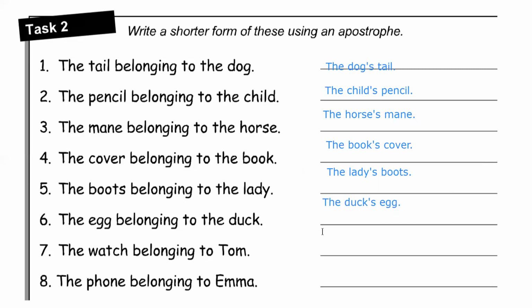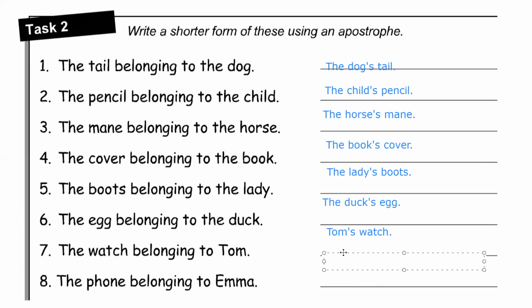Number 7, the watch belonging to Tom. Now this time it doesn't have the word the in front of Tom, so I'm not going to start my sentence with the. I'm going to start my sentence with Tom and a capital letter because it's a person's name. Tom does not end in an S, so I'm going to put apostrophe S. Tom's watch and full stop at the end.